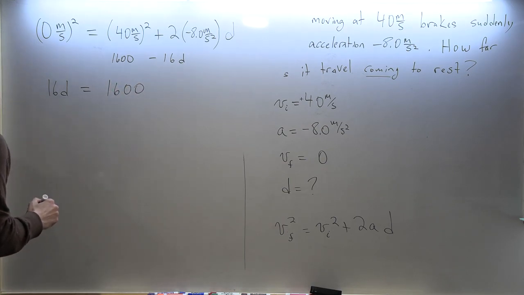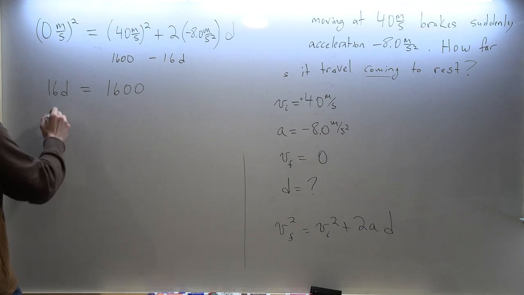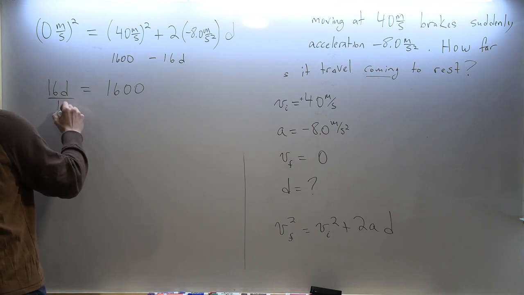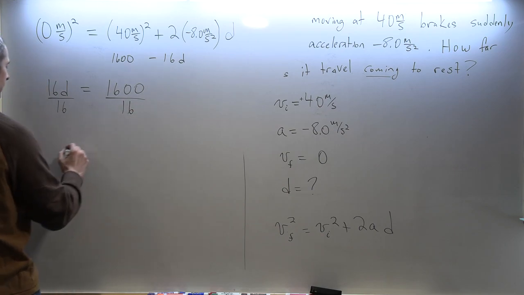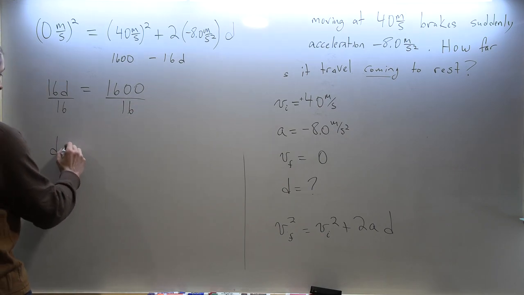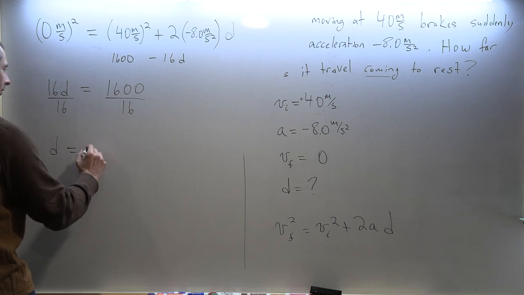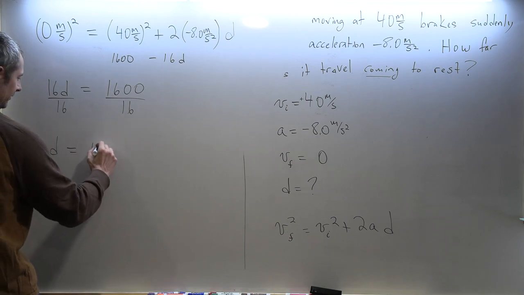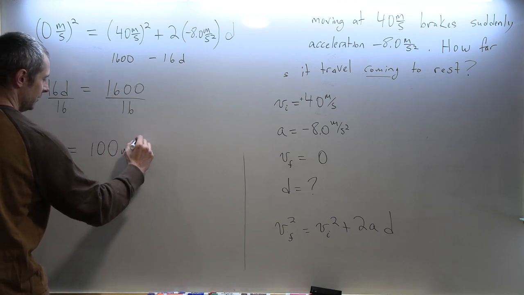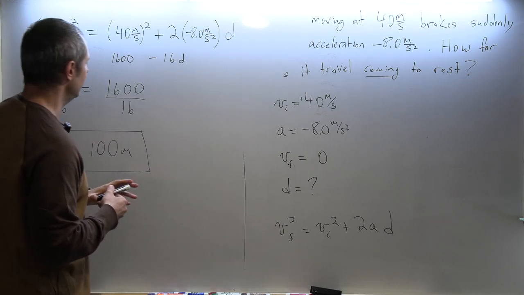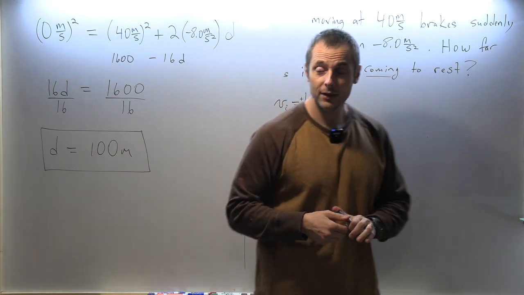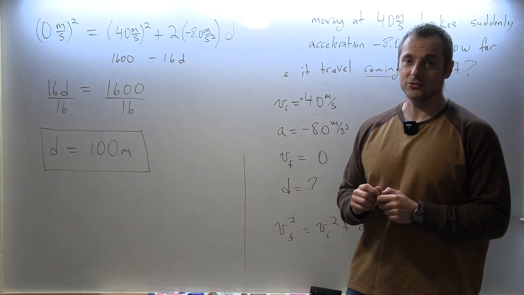Okay? So divide both sides by 16. Oh, I got lucky. I forgot my calculator upstairs by my desk, but this is nice and easy, so I'm not in trouble. 1600 divided by 16. Okay, so there it is, the stopping distance.